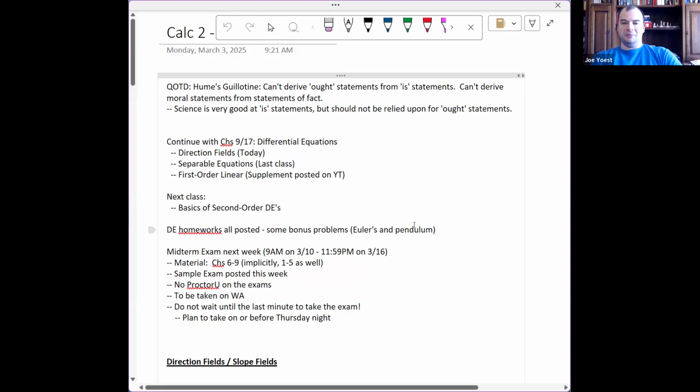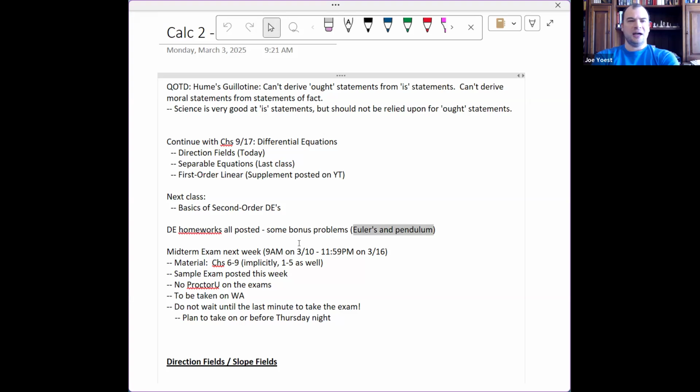So particularly in the direction fields section, there at the very end, there are a couple of Euler's method problems. If you're interested, you can look up Euler's method, and I might go and grab a lecture from one of my previous differential equations classes and pop that into the supplemental folder as well if I can find one easily enough.